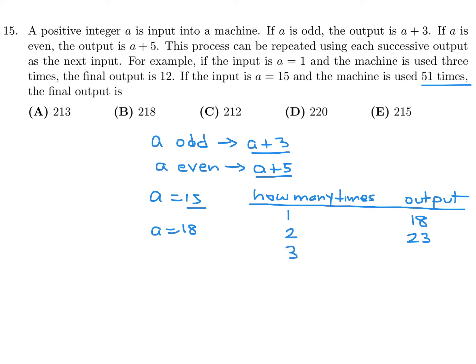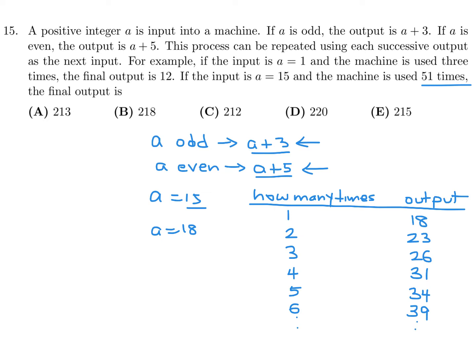And then 23 goes into the input, and 23 is odd, so you're going to get A plus 3, which is 26. And then 26 goes into the input, and 26 is even, so you're going to get A plus 5, which is 31. And so on, right? So 5 will be 34, 6 will be 39, and so on. It just kind of keeps on going like that.